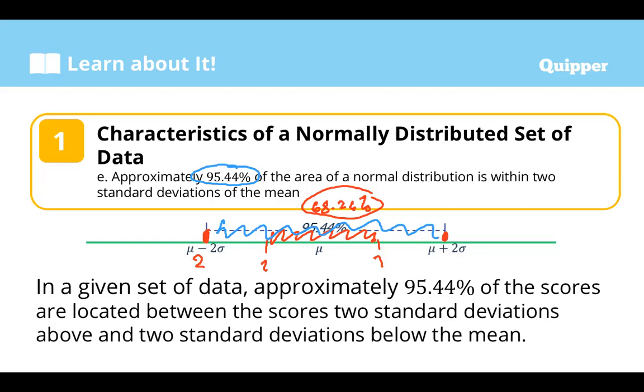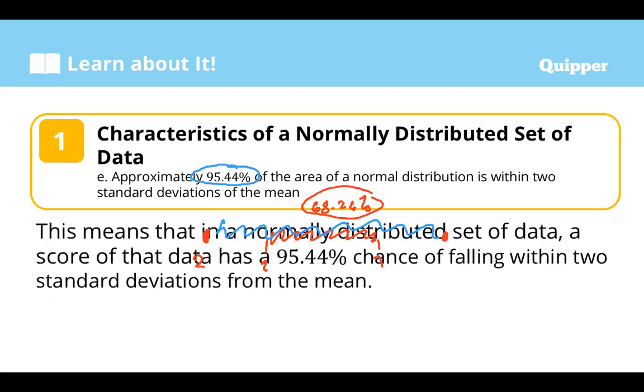95.44%. Okay? Again, as an explanation here, this means that in a normally distributed set of data, a score of that data has a 95.44% chance of falling within 2 standard deviations from the mean. So hindi ibig sabihin na ganun kalapad or ganun kadami yung data na nandoon.